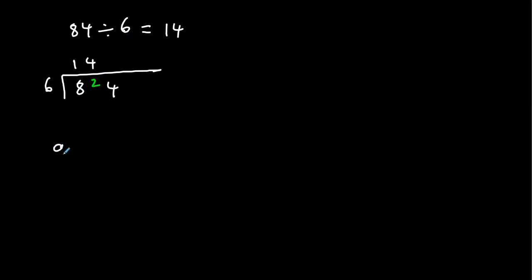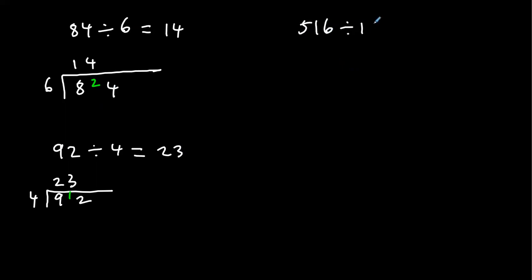Okay, let's try doing 92 divided by 4. So we lay out the division as usual. 4 goes into 9 twice with a remainder of 1. 4 goes into 12 3 times with no remainder. So the answer is 23. Okay, what about 516 divided by 12?